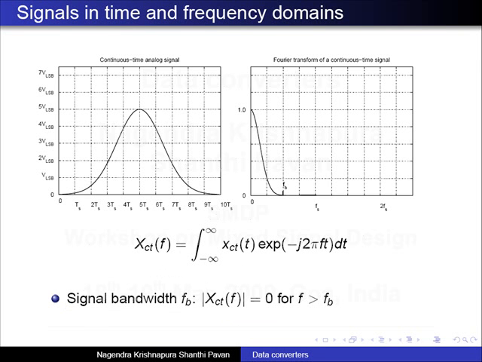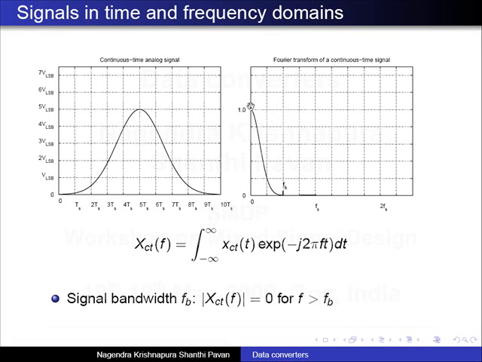So here on the left side I have shown some continuous time signal. This is a continuous amplitude signal. And on the right side I have shown the Fourier transform of that one, the magnitude of the Fourier transform. And it has some shape. The exact shape need not worry us, as I have taken some signal as an example.